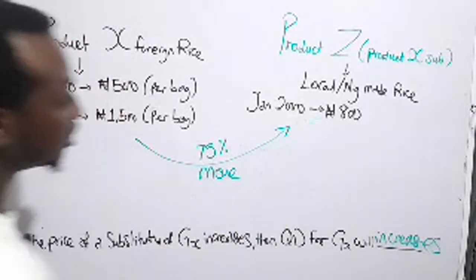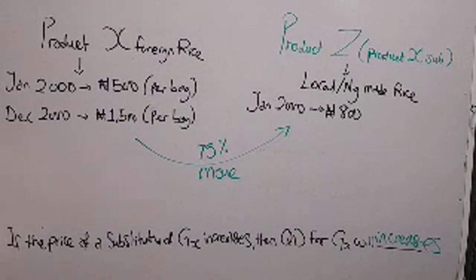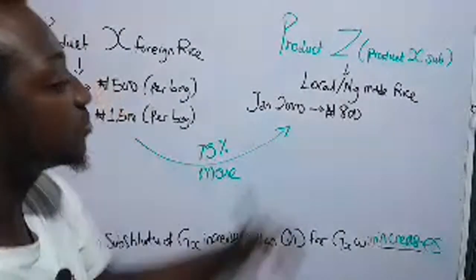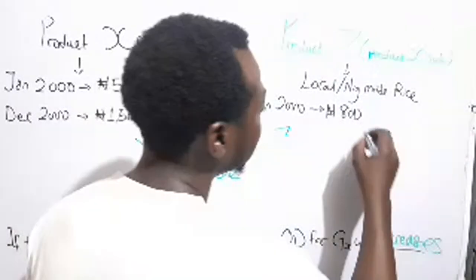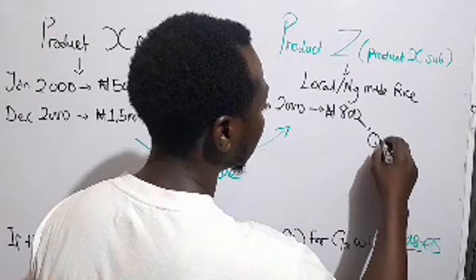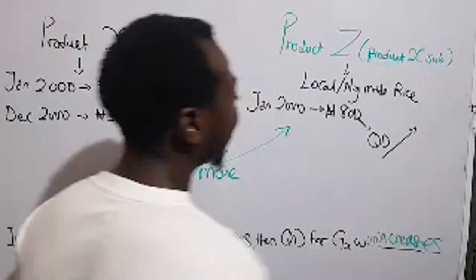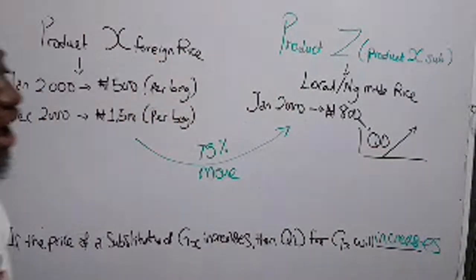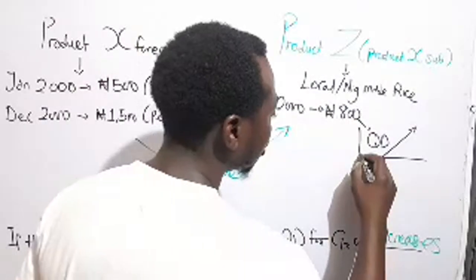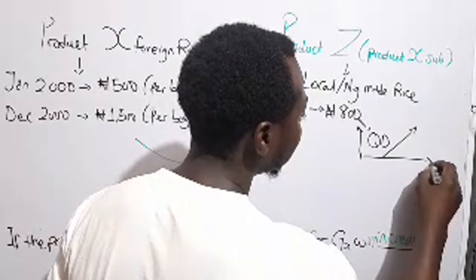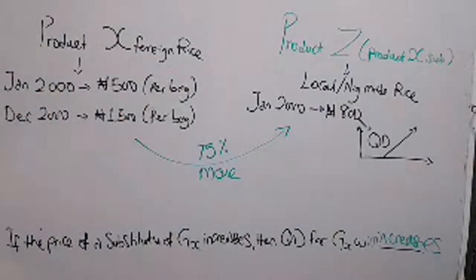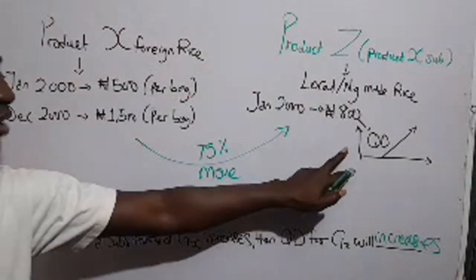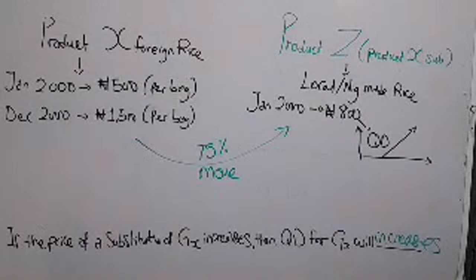So now the quantity demanded of this one, QD, increases. Because quantity demanded of this substitute of product S increases, you know what the producers did?